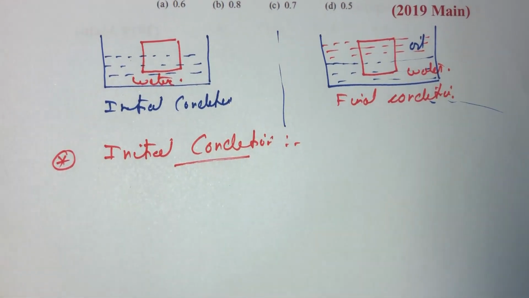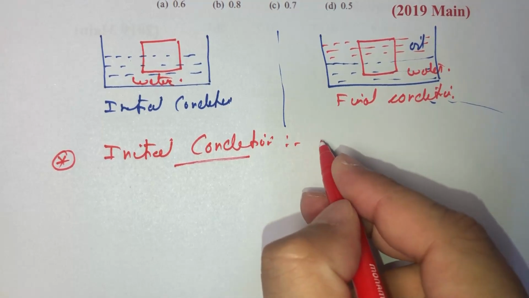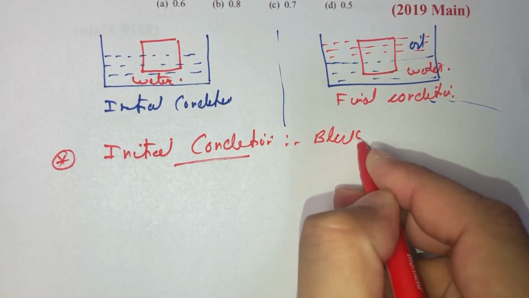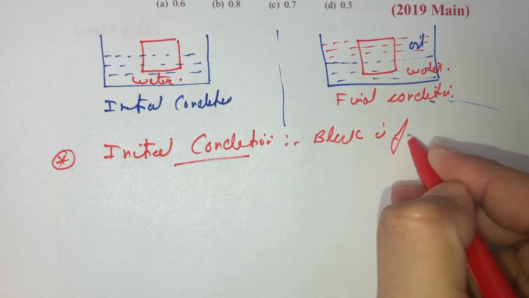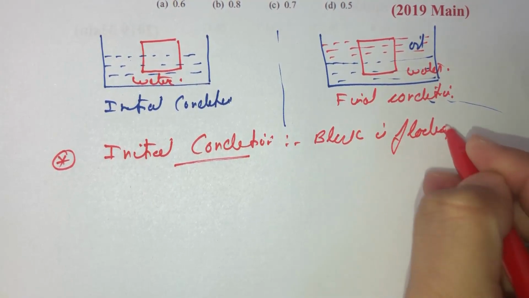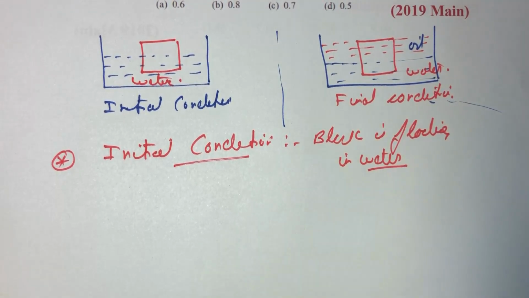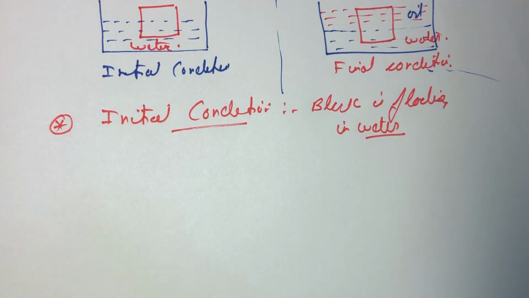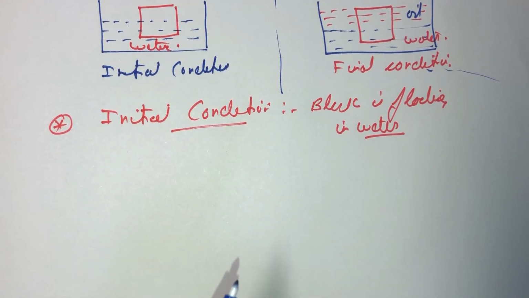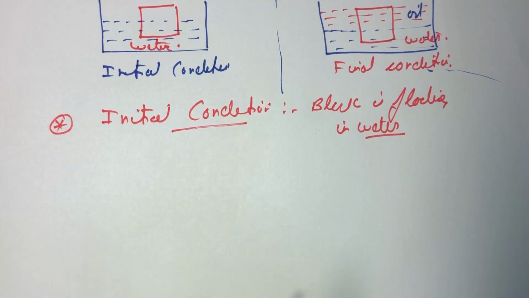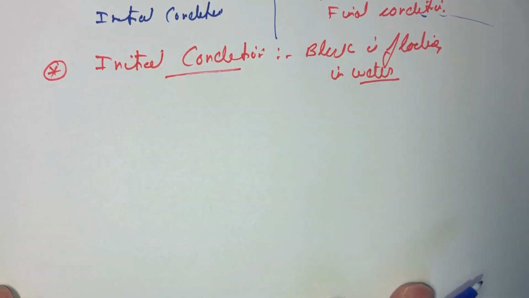So in the initial condition, we have the block floating in the water. It is given that only 4/5 volume of the block is submerged when it is floating in water.